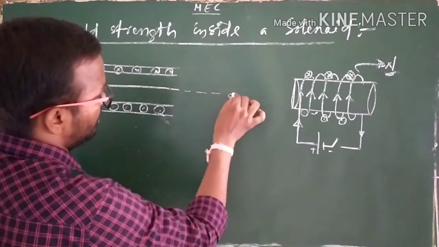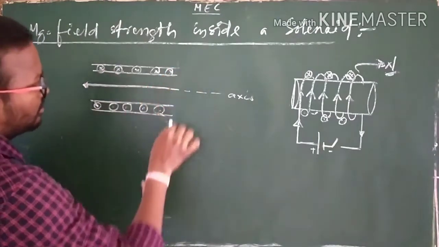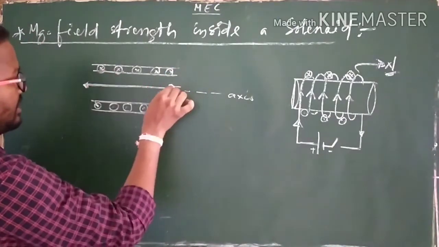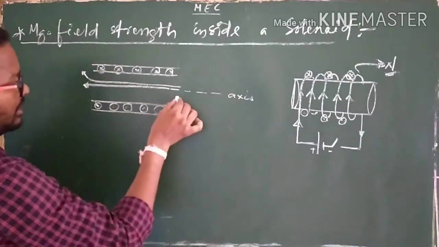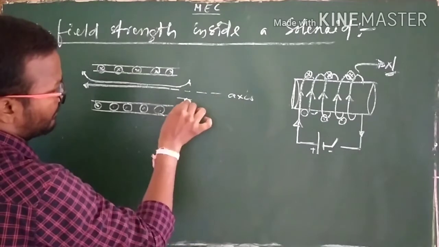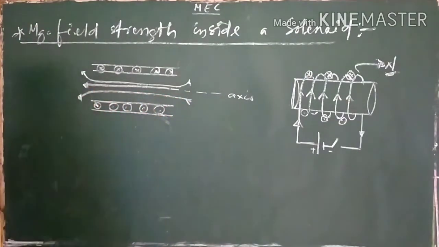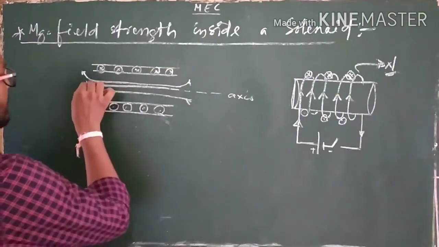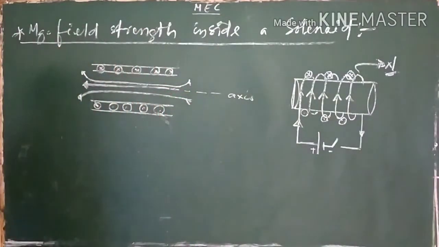At the two end points of the solenoid, the field lines just curve, but at the axis of the solenoid, the direction of the magnetic field is a straight line.